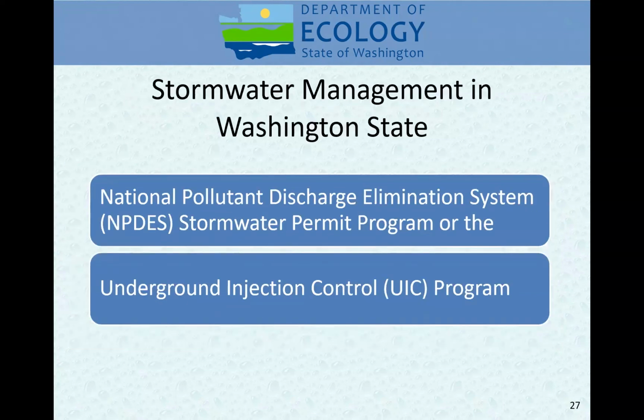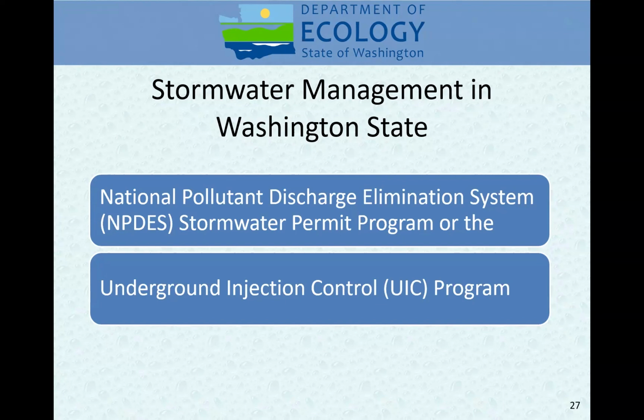So how are we managing stormwater in Washington State? We manage it through these two different systems. The Underground Injection Control program includes liquids other than stormwater. Okay, there are a lot of other liquids that can go in the ground that are authorized through the UIC program that aren't stormwater.